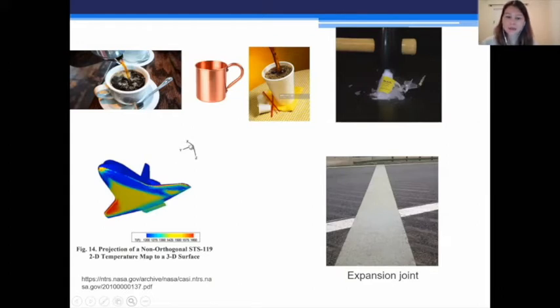And the last example is the expansion joint. So you may have already observed that in huge construction or in civil construction, we use expansion joint because these structures are subjected to high change of temperature.